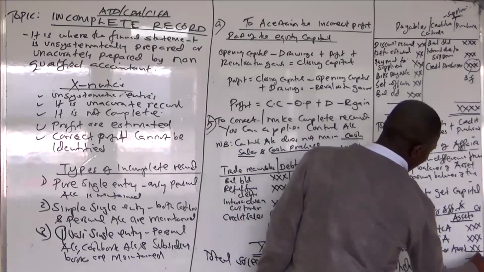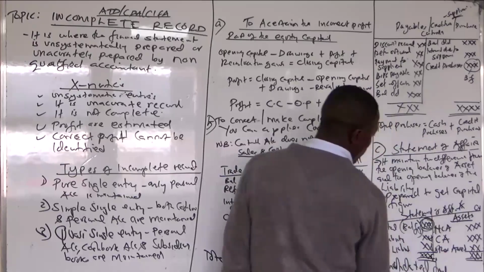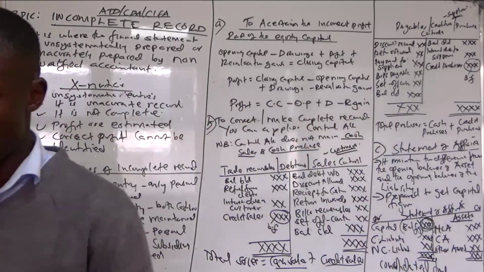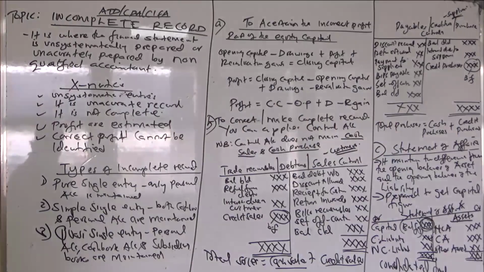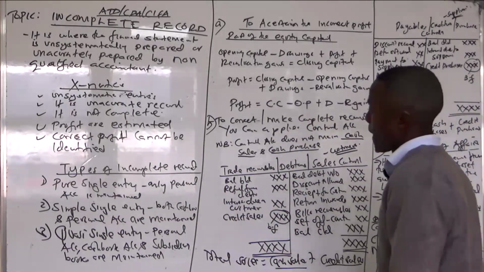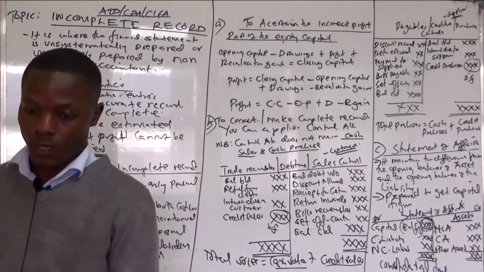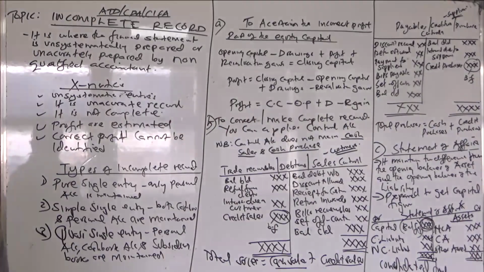So here you close, here below you close, and below here I will also close. Have you seen how to come up with the capital? So can I wrap, or is somebody still writing?